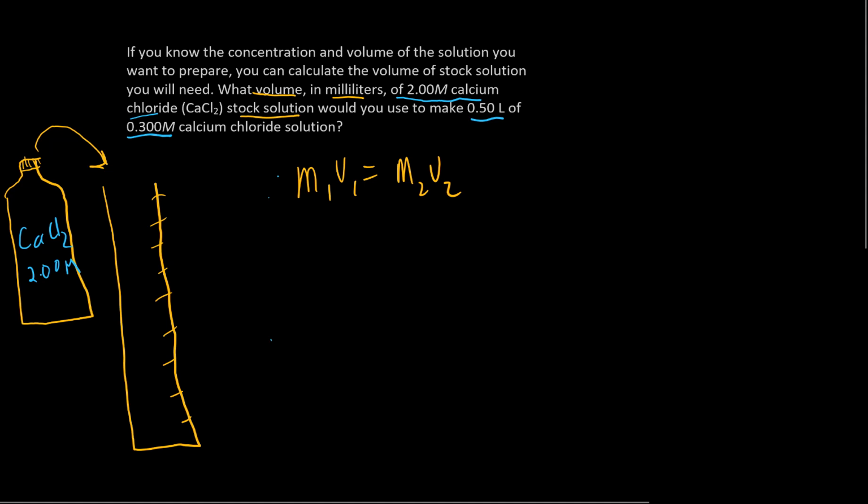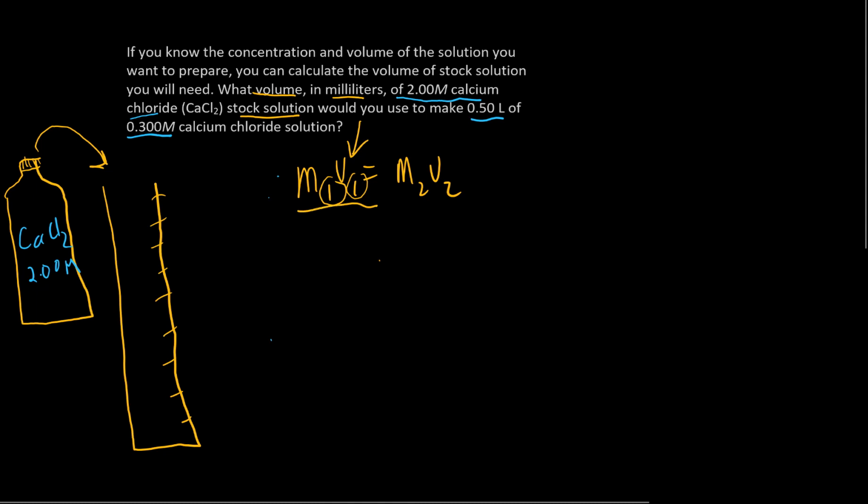Now remember, the stock solution is the number 1. It's our initial solution. So we're going to be solving for V1. We want to know how much of this calcium chloride we put into our graduated cylinder before we dilute this to 0.50 liters. So we solve this for V1.